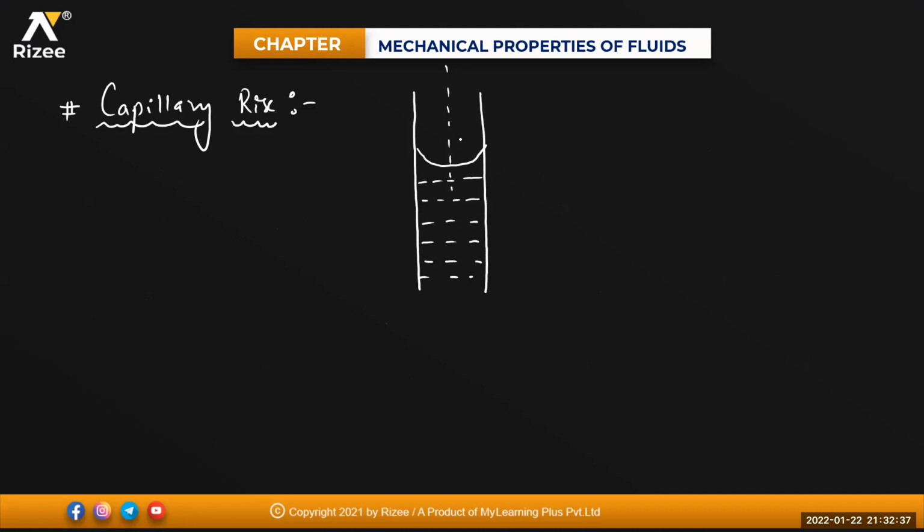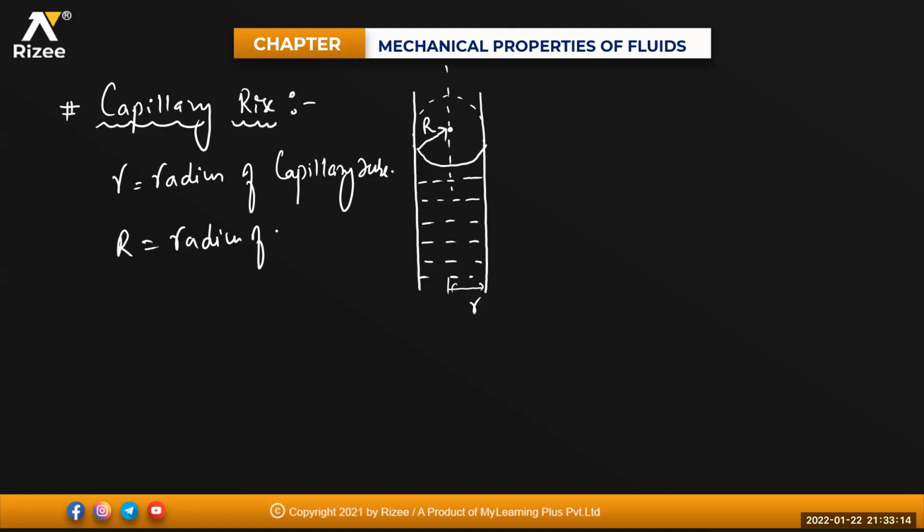The radius of this one is small r, the radius of the capillary tube. And this is the circle, so from here to here represents the radius of curvature. Capital R is the radius of curvature of the liquid.